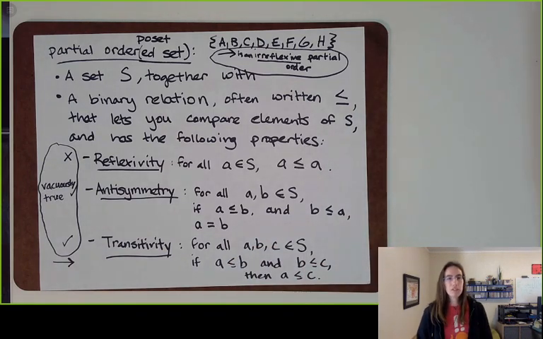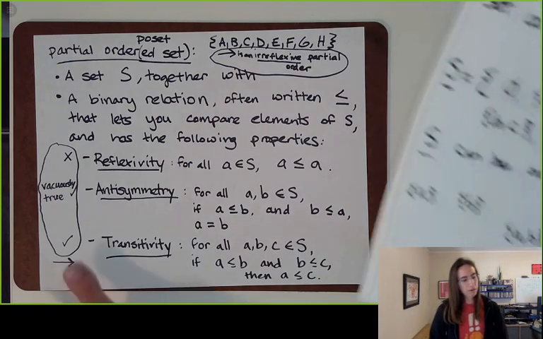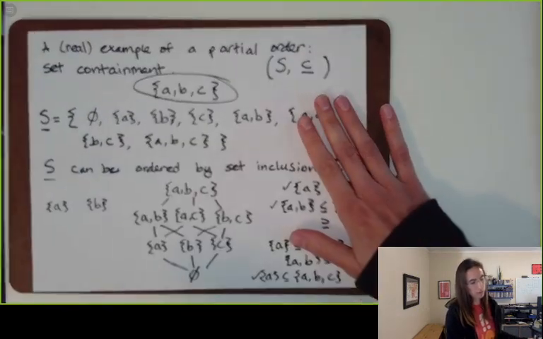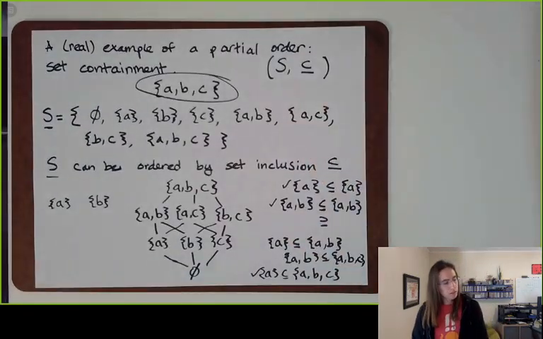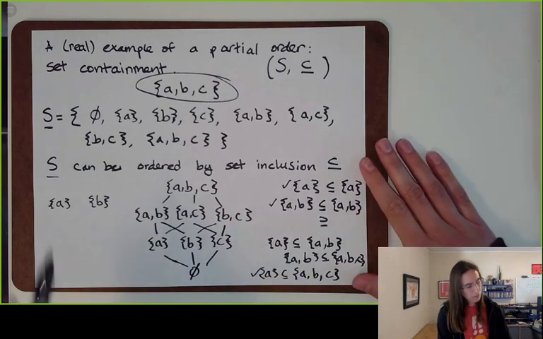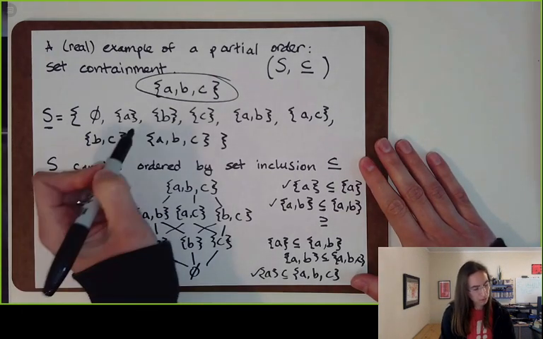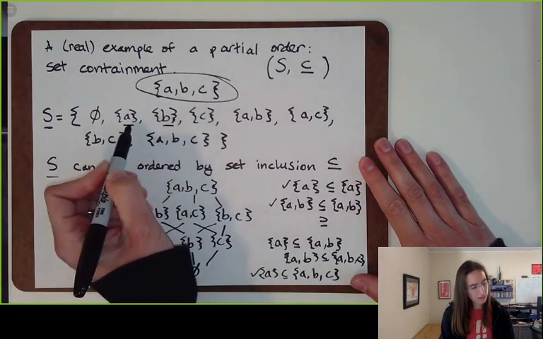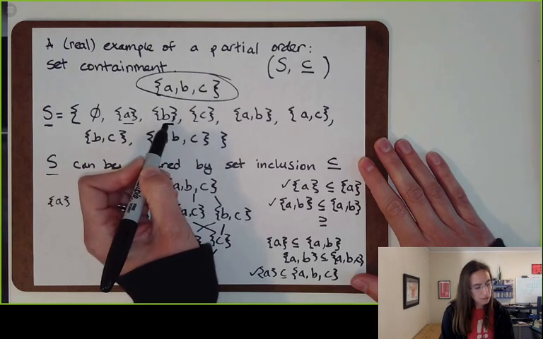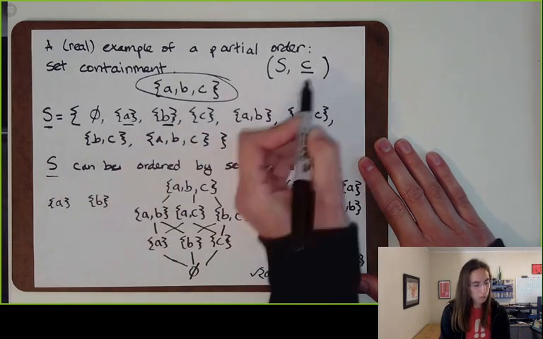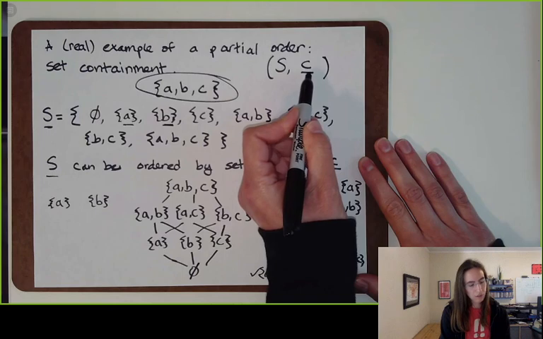And somebody else asked, could I reiterate the difference between a partial order and a total order? Well, going back to this picture of our example of a partial order, which was set containment that we just saw, notice that there are some elements of S here, like these two elements, the set containing A and the set containing B, that aren't comparable according to this binary relation.